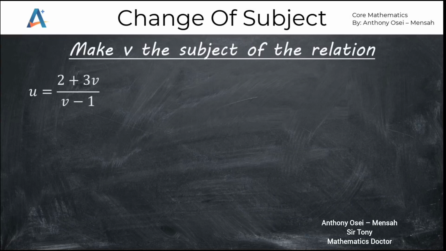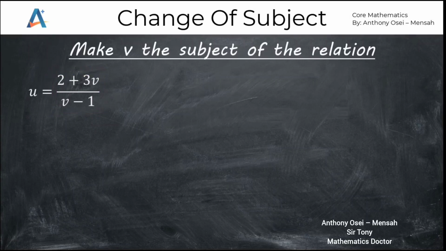Now with cross multiply, we have to assess whether the question is fit. The relation must have two terms, one at the left hand side of the equal sign and one at the right hand side, where at least one of them is a fraction. And of course this qualifies. One term at the left hand side, which is u, one term at the right hand side, which is the fraction. So we'll go ahead and do the cross multiply.